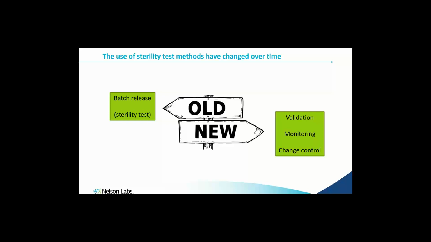However, over time, that's really evolved, and the newer way that we handle sterility testing is that it's part of a validation process. It's used for monitoring, or we're using it to assess a change to the product, so it's part of our change control process.